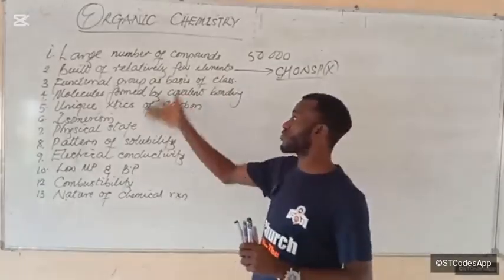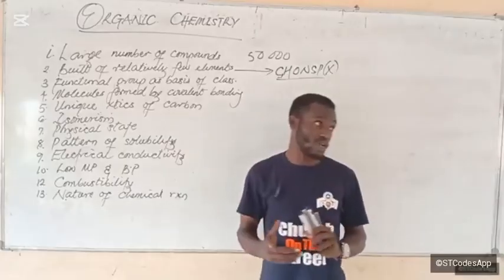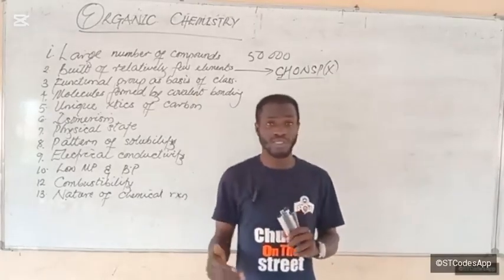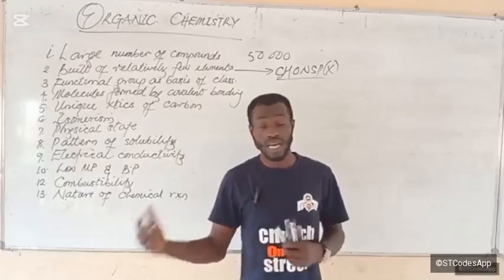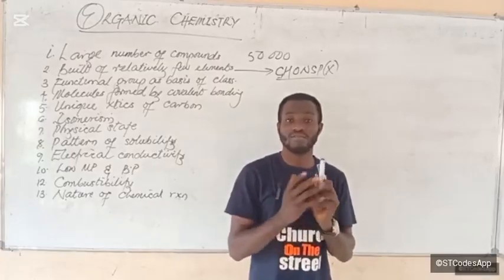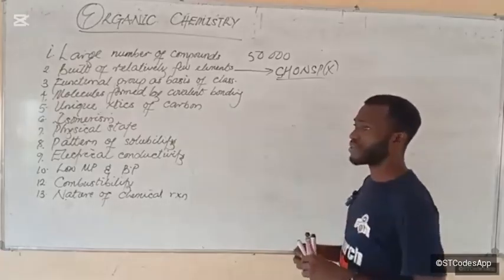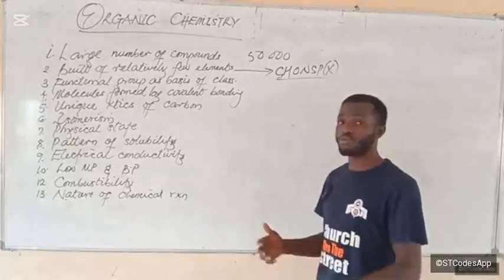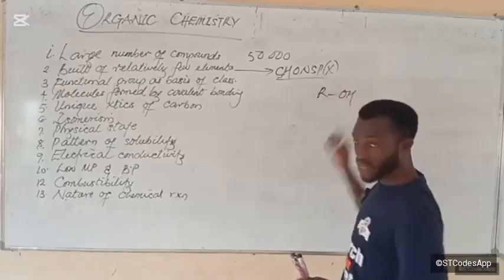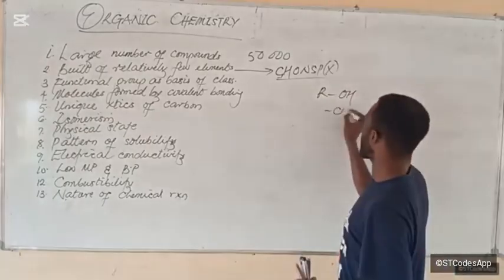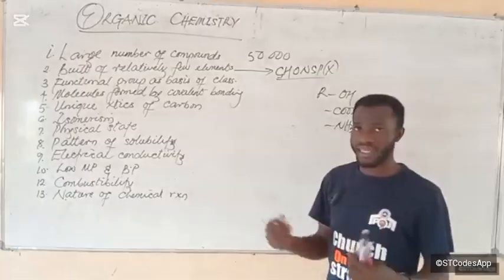Now the next one is the functional group, which is the basis for classification. In inorganic compounds, there are just three classifications: acids, bases, and salts. But organic compounds are classified based on their functional group, so compounds that have a double bond are alkenes, single bond or saturated are alkanes, those with OH as a functional group are alcohols, those with COOH are carboxylic acids, and those with NH2 are amines.